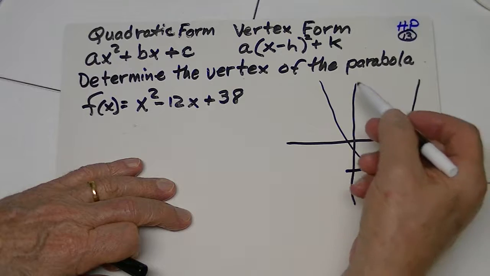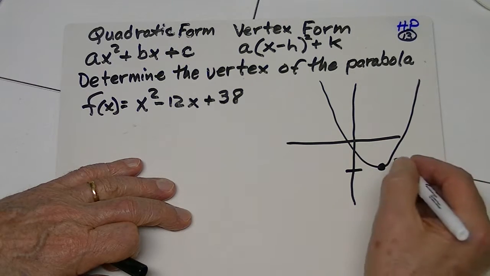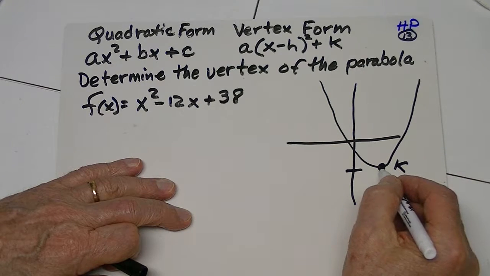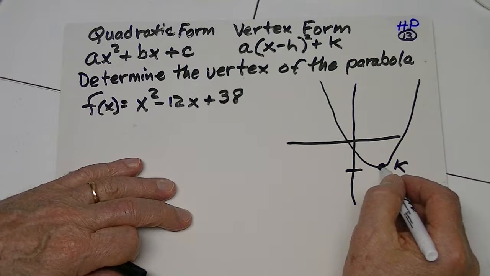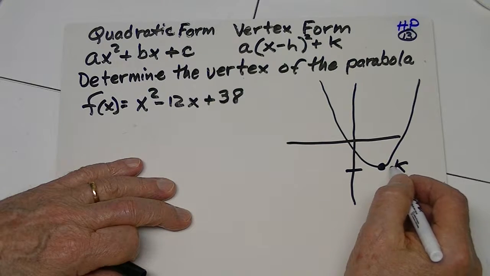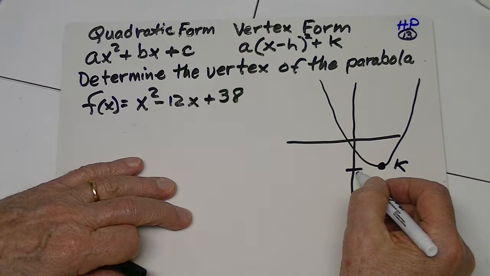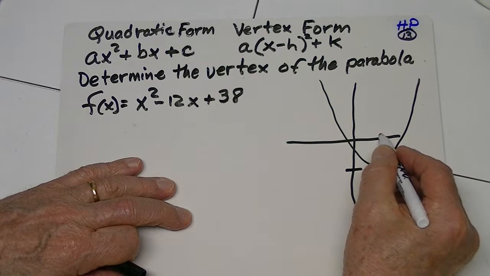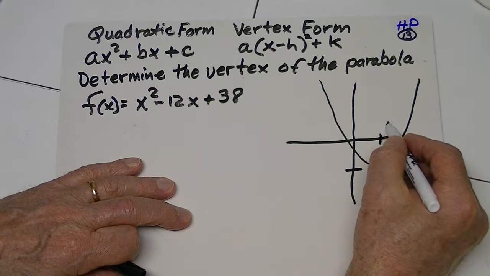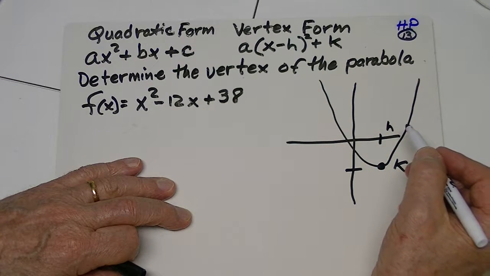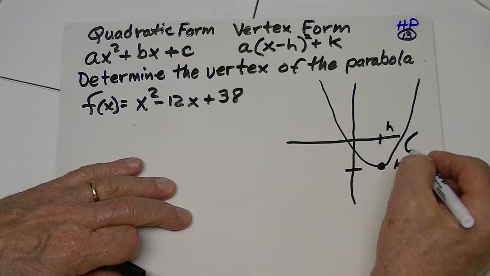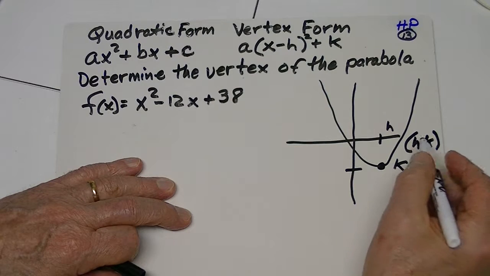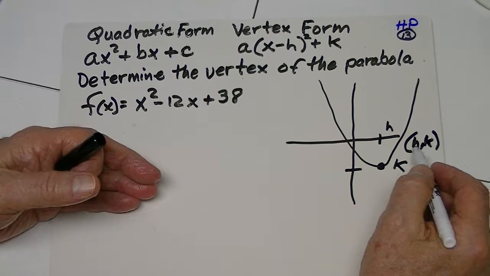And if you recall in other lessons, we said y is often referred to as k. So k would be what the vertex is in terms of its y value. Now, the x value would be our letter h. And we said often h, k can be used in giving an ordered pair.